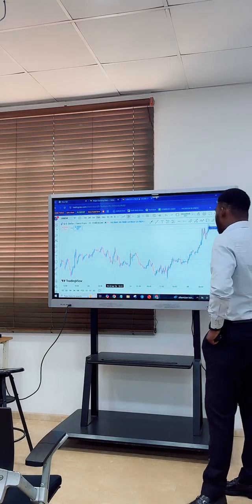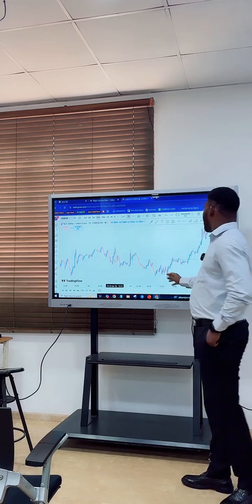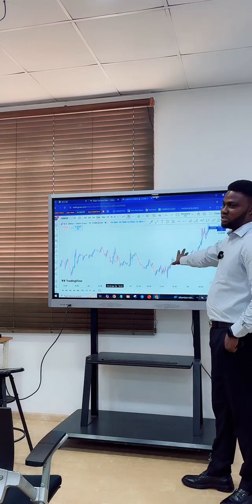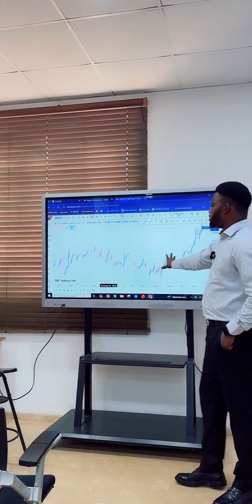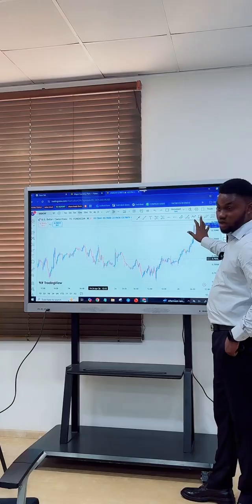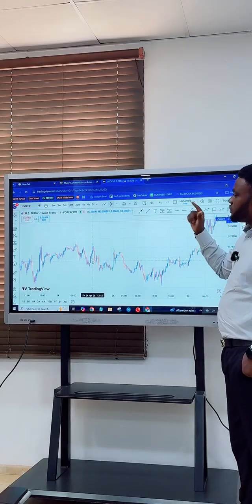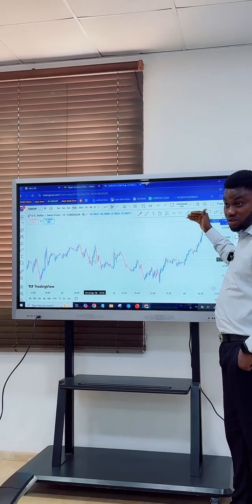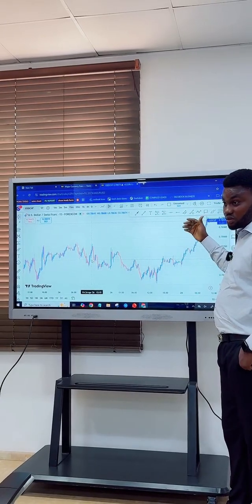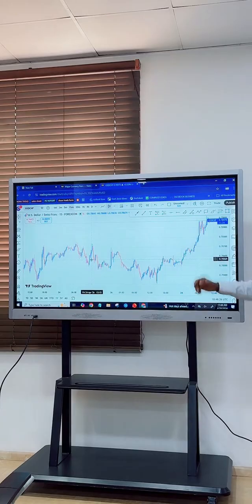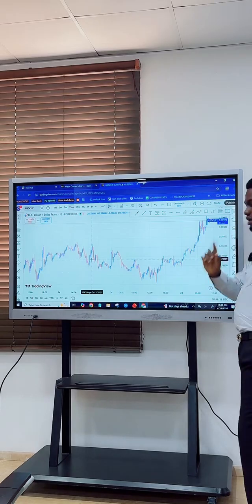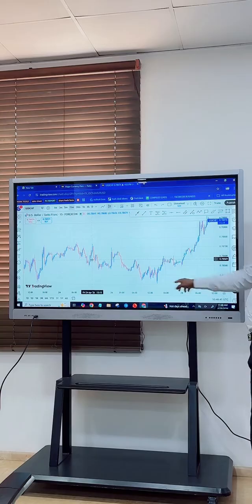Is this clear? Yeah. So now, let's use something with this particular chart. We see that from here, it has been going up, right? So from this point in time to this time, the value of the US dollar has increased. At this point, for us to purchase $1, how much are we going to need? 0.78400. So to purchase just 1 unit of dollar, we need 0.78400 at this point.